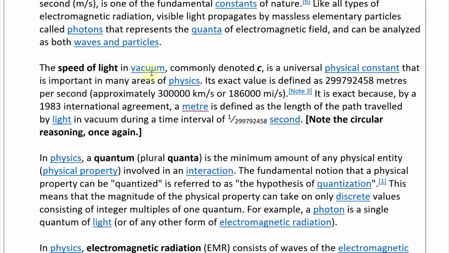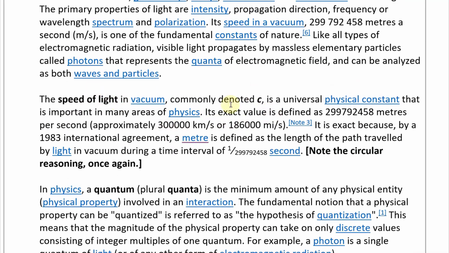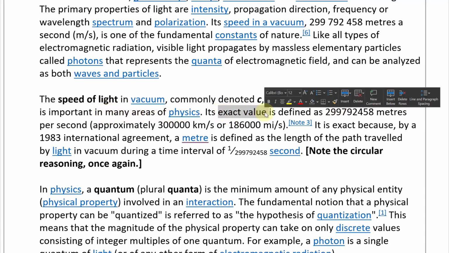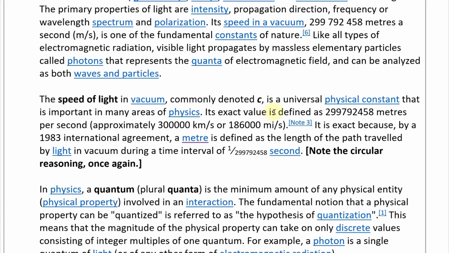The speed of light in a vacuum, commonly denoted c, just to go over it in more detail, is a universal physical constant that is important in many areas of physics. Its exact value, and keep this in mind, is defined as 299,792,458 meters per second, approximately 300,000 kilometers per second, or 186,000 miles per second.